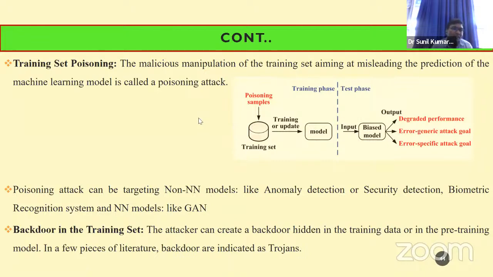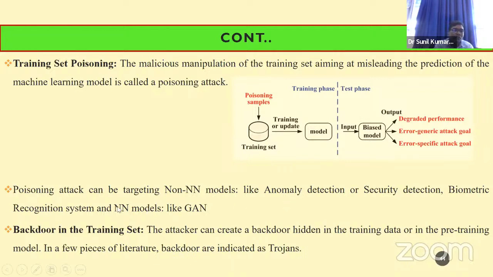So the poisoning attack can target non-NN models. Non-NN models means classical machine learning models, like decision tree, SVM, KNN and naive Bayes. And the applications can be seen in anomaly detection, security detection, or biometric recognition systems.